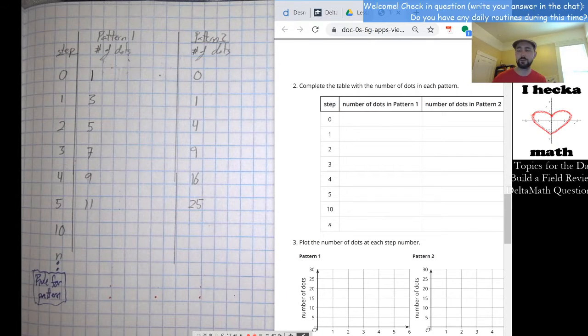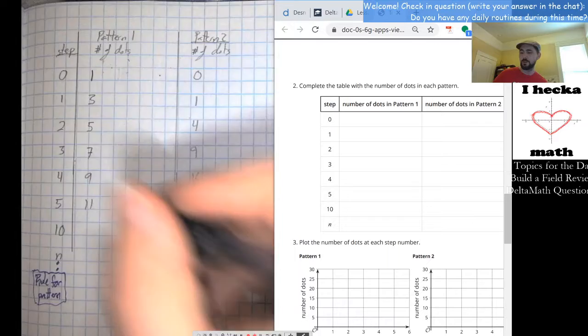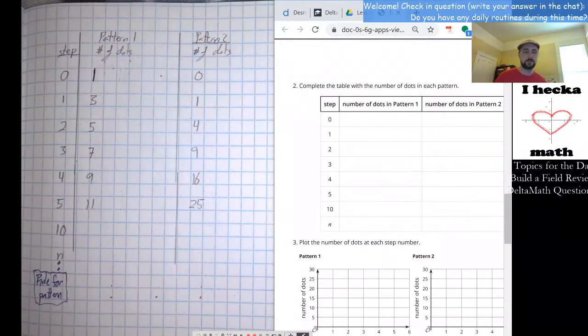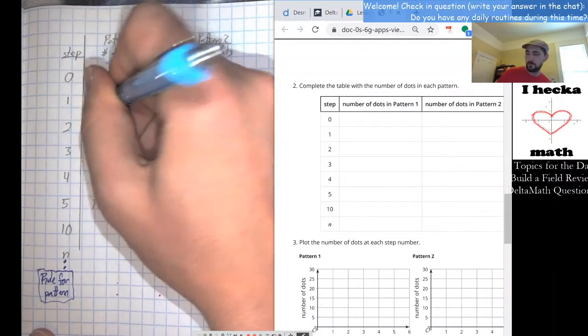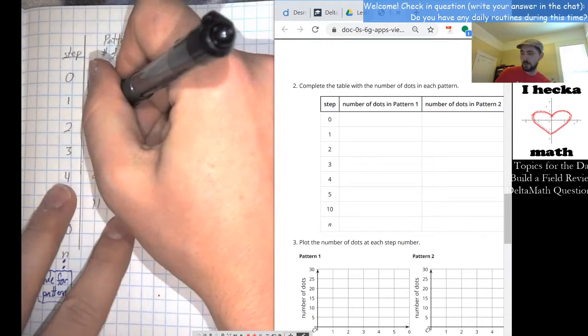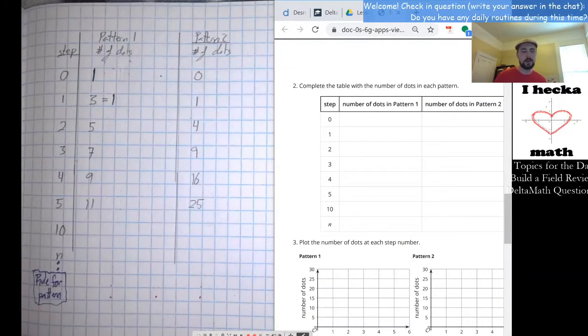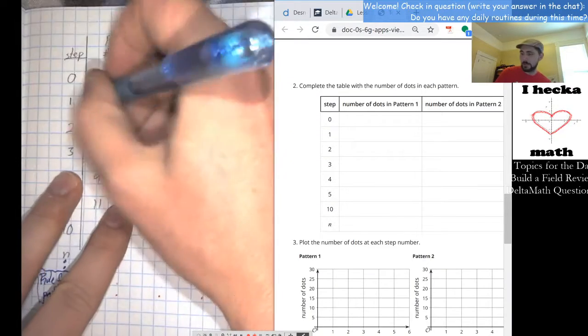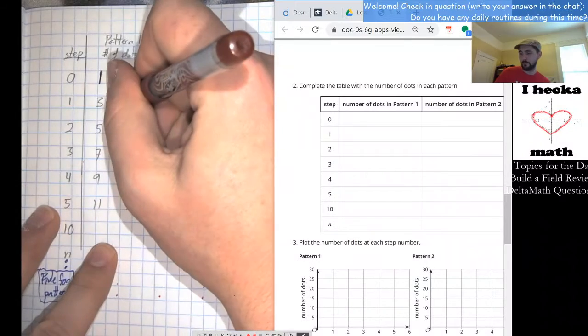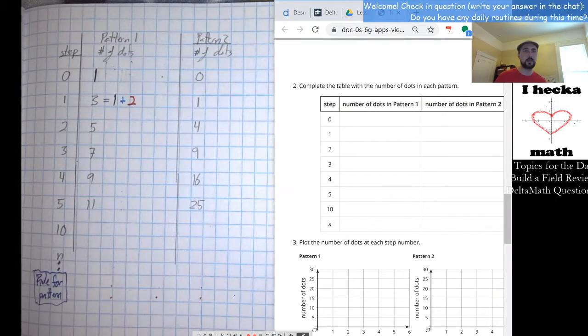Okay. So the directions don't say this, but we are going to do some annotating. And I'm going to do almost exactly the same style of annotating as we did on the patterns in the previous video. So in pattern 1, this 1 was just there all the time. But the 3 came from the 1 plus the 2 extra dots, right?